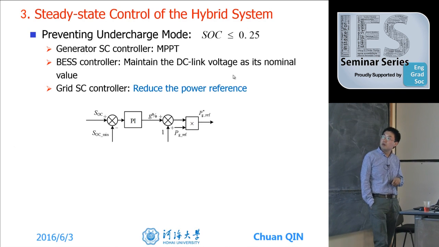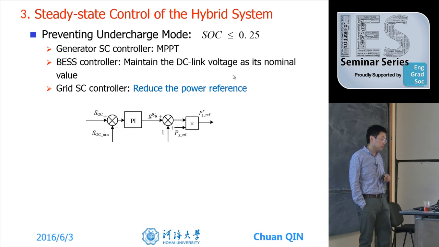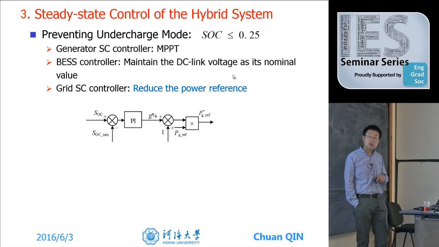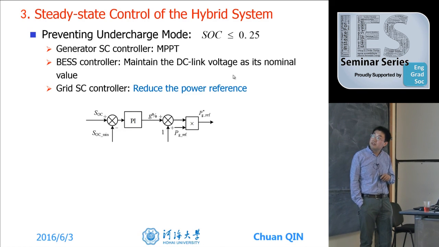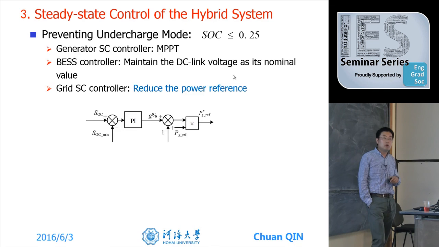Finally, there is the preventing undercharge control when SOC is smaller than 25%. In this control mode, the objective of the grid side controller is to reduce the power reference, using a feedback control.